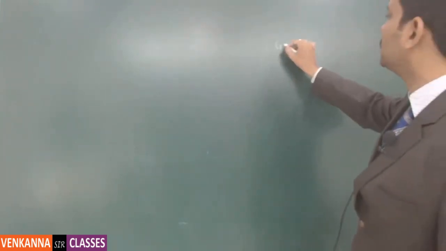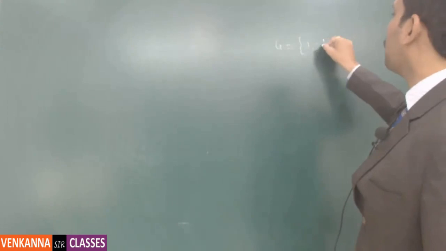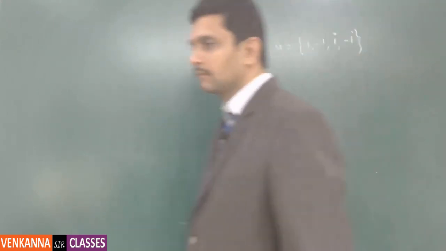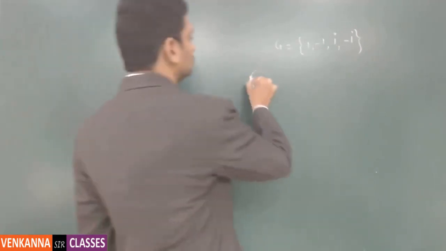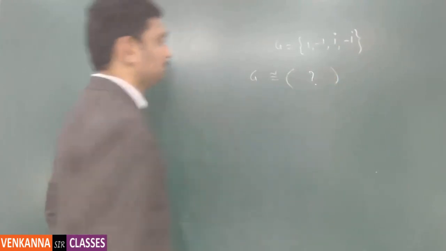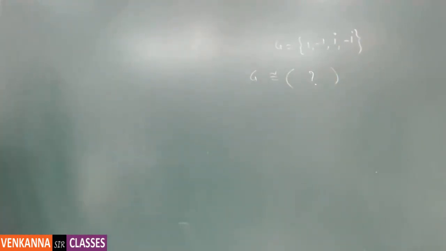Let me say, suppose we have taken the group G equal to 1, minus 1, I, minus I. Now the question is, what is the permutation group which is isomorphic to G? Now tell me how many elements are there in G? 4.